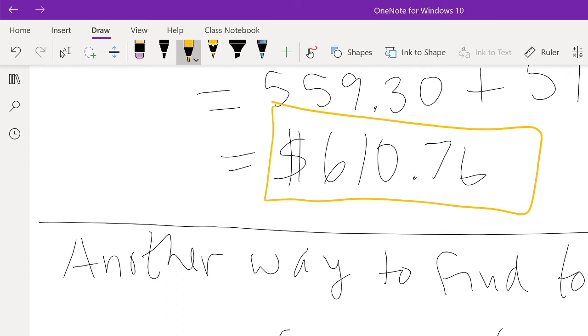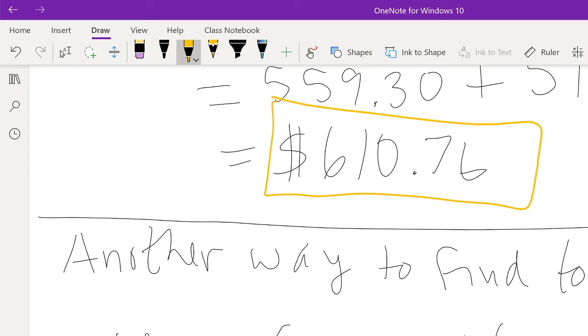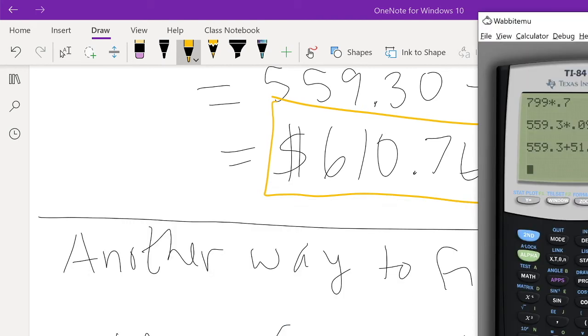Now, let's see if we do in fact get the same result. So moving over here, I'll start with 559.30 and multiply that by 1.092. Hit enter, and there we go.